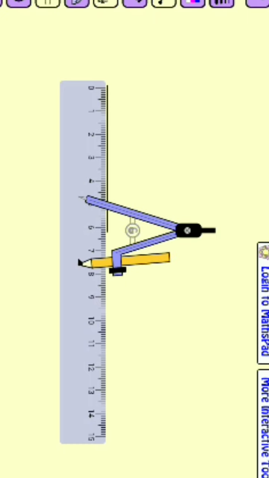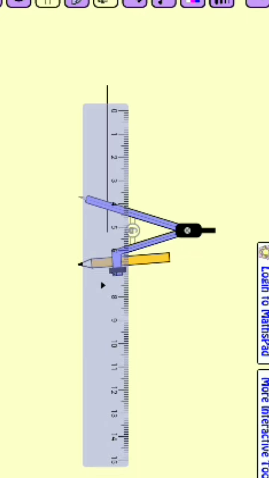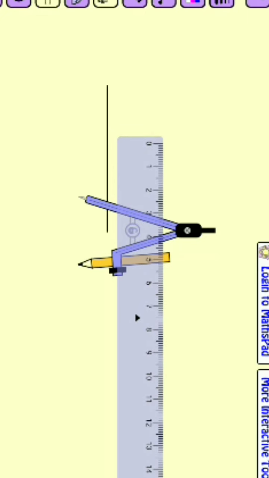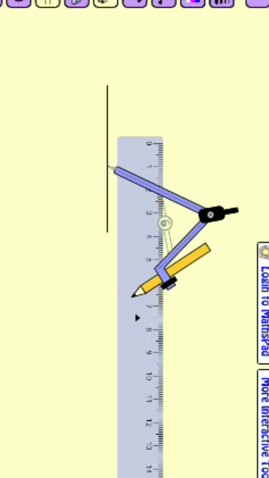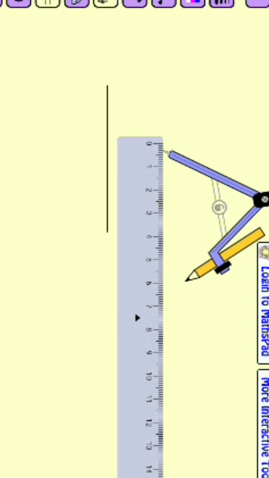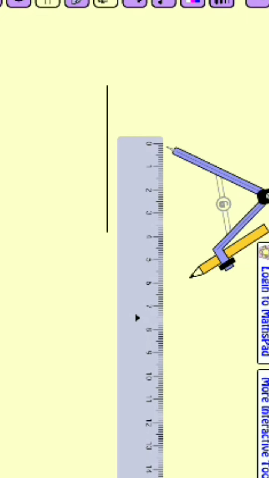Then we will draw the side SR and QR. For that, we have to take the measure in our compass. The SR has length 7 centimeter.